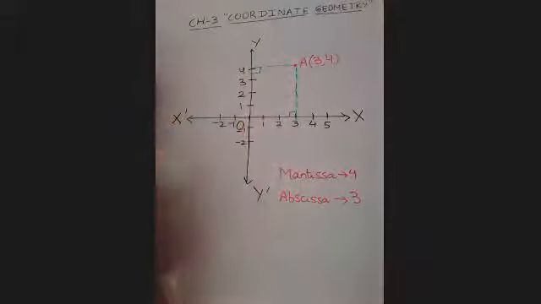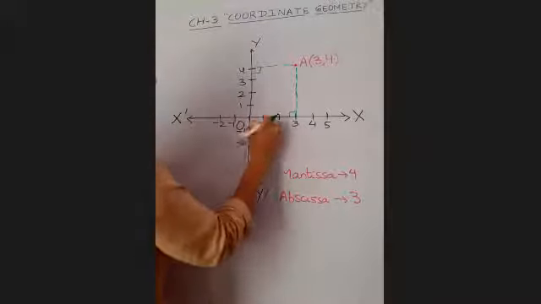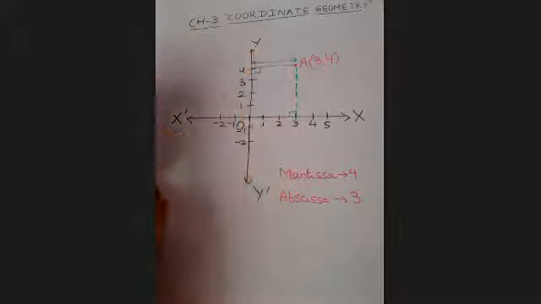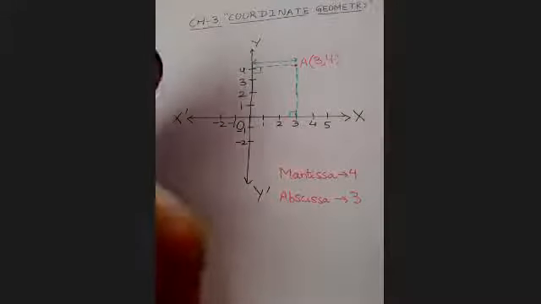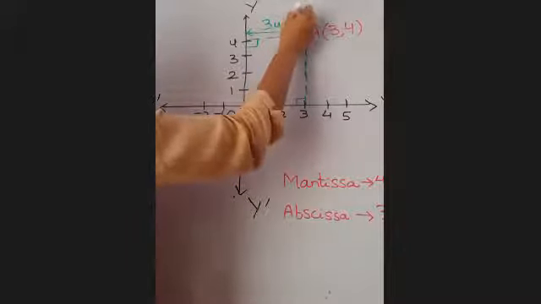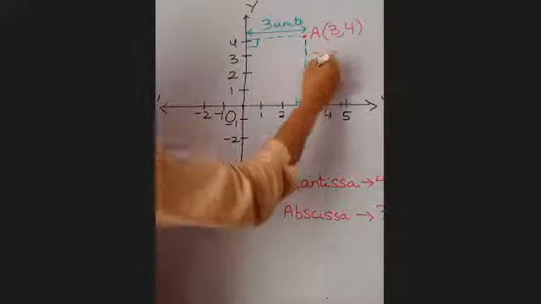Children, could you please tell me, on the graph paper, if you look at this distance, how many units is this? 3 units. And how many units is this? 4 units.